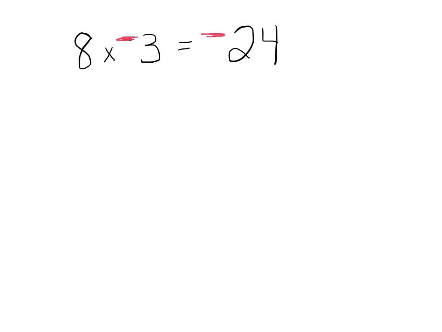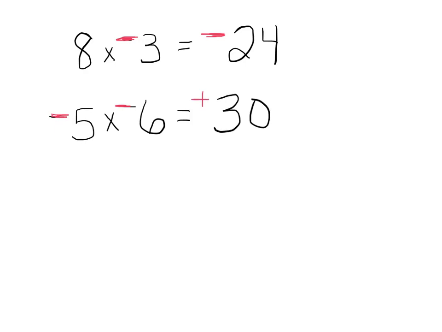Okay. 5 times negative 6 is going to equal, well, I've got two negative signs, so it's going to end up being a positive sign, and 30. Okay. And this positive sign I can write for emphasis, but usually, generally in math, we don't write the positive sign at all. Okay. Let's take a look at division.